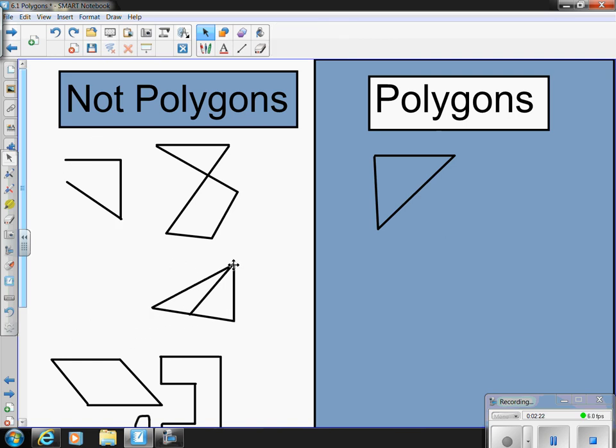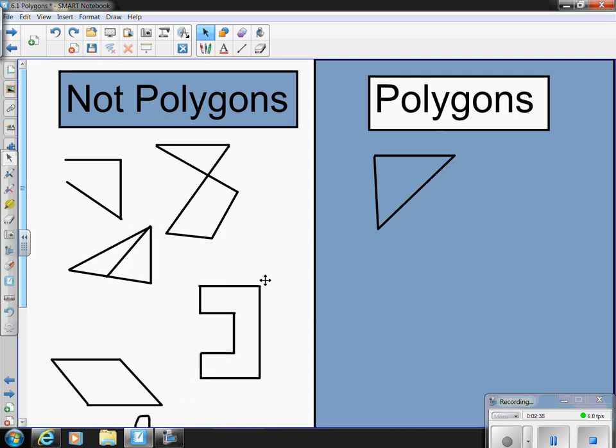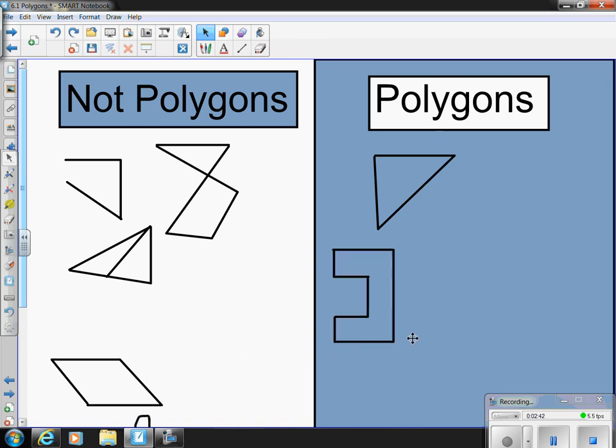Here's another example of a figure that at this endpoint has 3 different sides coming out of it, or these 2 sides here are collinear, so that's not a polygon. This shape, kind of like a backward C, is a polygon.